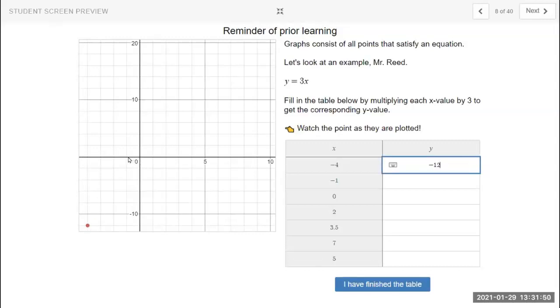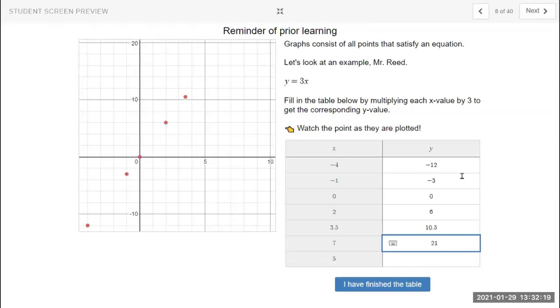Just be aware that it's going by ones on the X values, but it's going by 2, 4, 6, 8, 10, 12 by twos on the Y axis in this particular graph. So this is going to be -3. And then we have 0, 0, which of course is the origin where the axes cross. And then 2 times 3 is 6. And 3.5 times 3 is going to be 10.5.